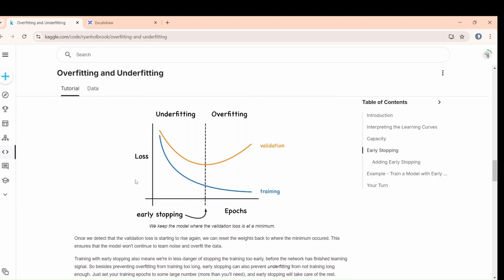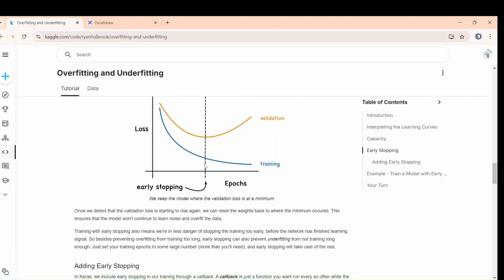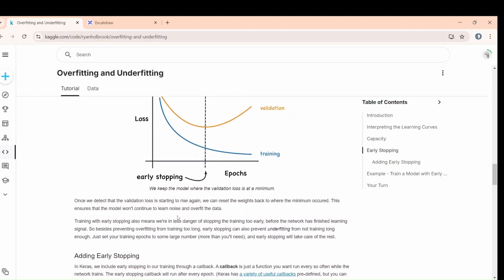Okay, so for that you have to see where it has stopped reducing the losses. There you will stop the training. Once we detect that the validation loss is starting to rise again, we can reset the weights back to where the minimum occurred. This ensures that the model won't continue to learn noise and overfit the data.